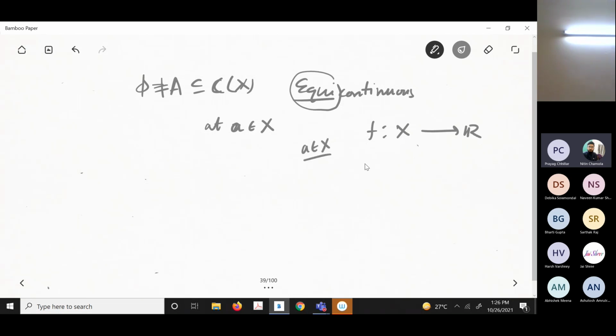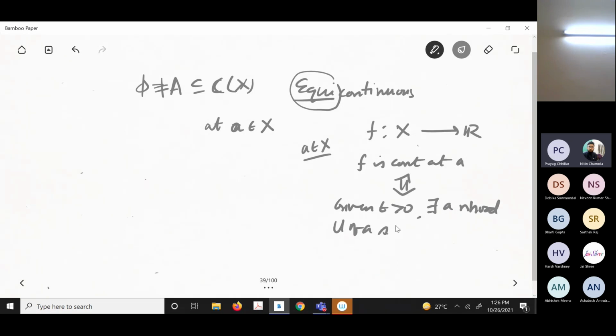A belongs to S, then F is continuous at A if and only if given epsilon greater than 0, there exists a neighborhood Q of A such that Fu is contained in this interval.